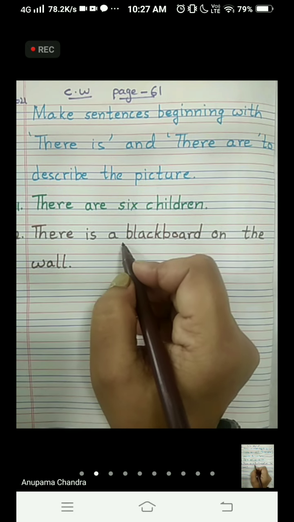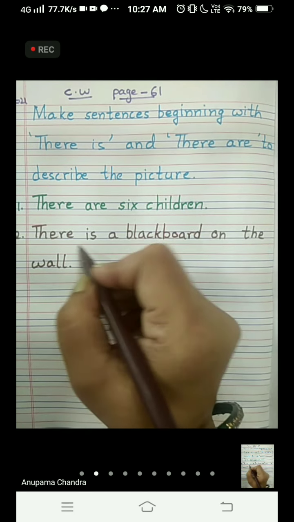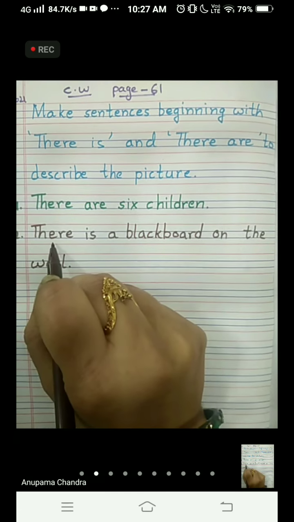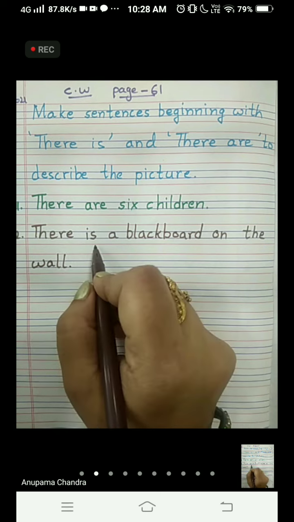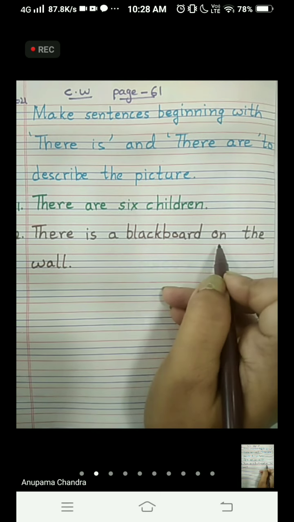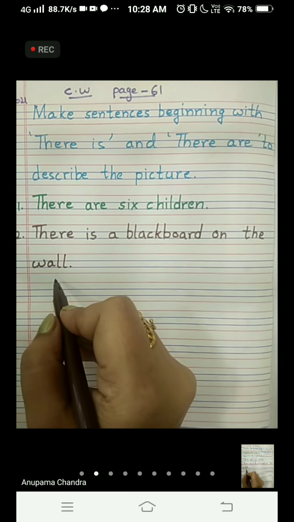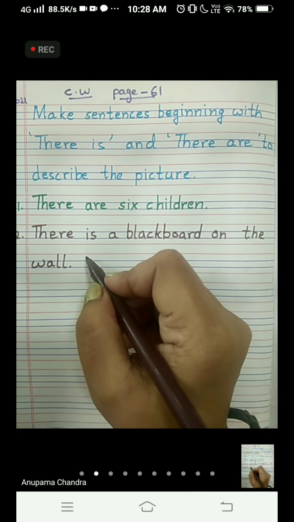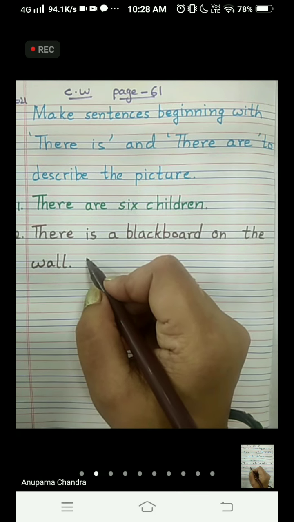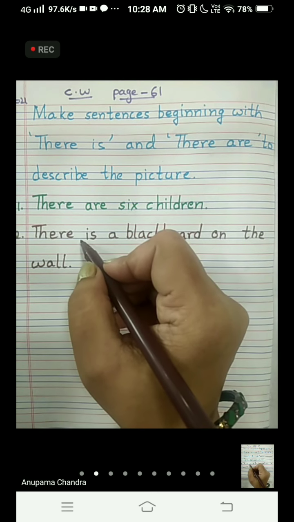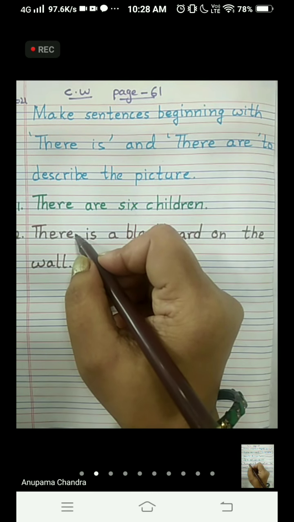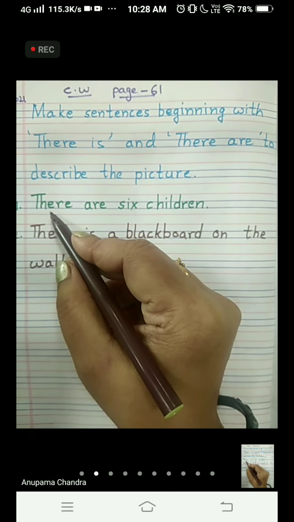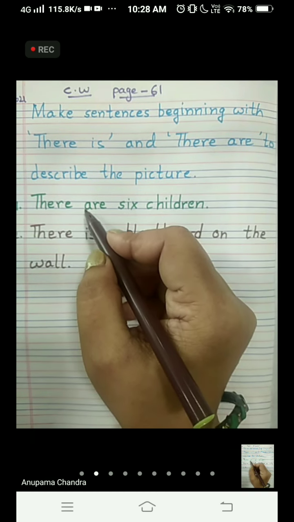So, when we are talking about one thing, so we are using here there is. We will begin the sentence with there is. There is a blackboard on the wall. Okay. I repeat, children. If the thing is one, then we are going to use there is. And if we are talking about more than one thing or one people, then we will begin the sentence with there are. Okay.